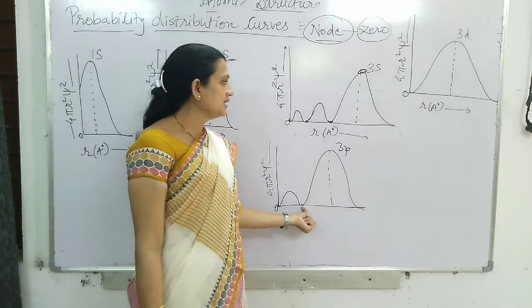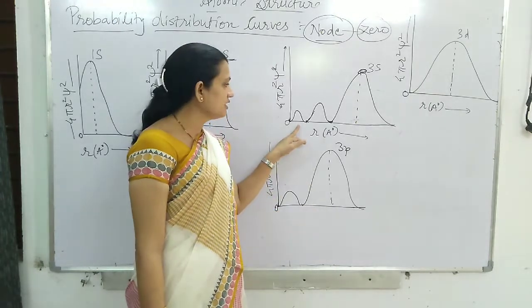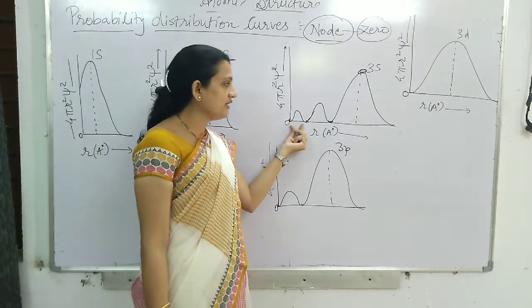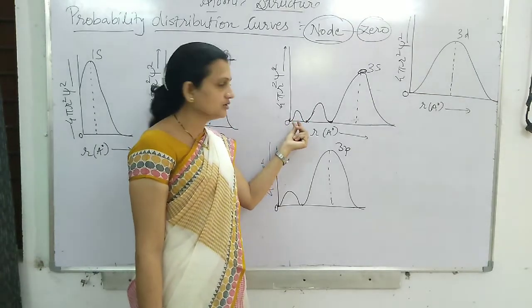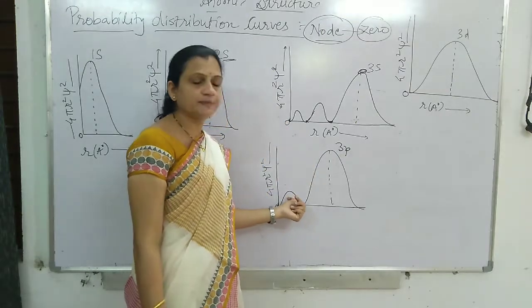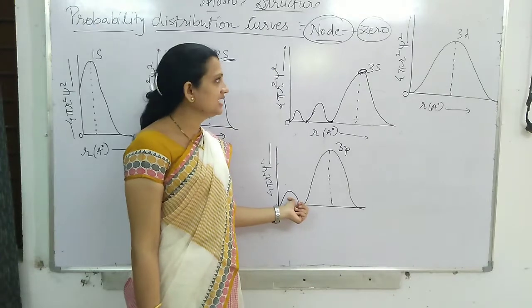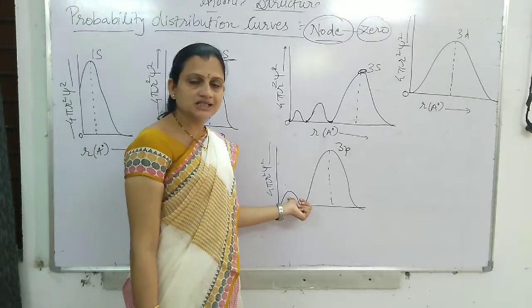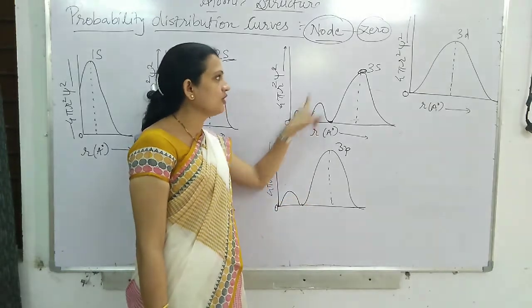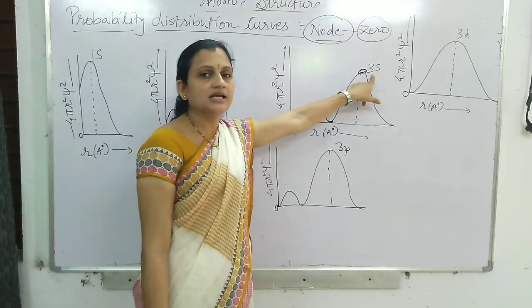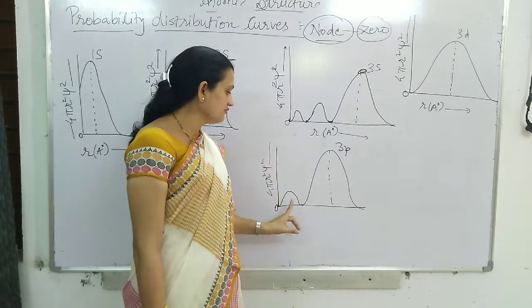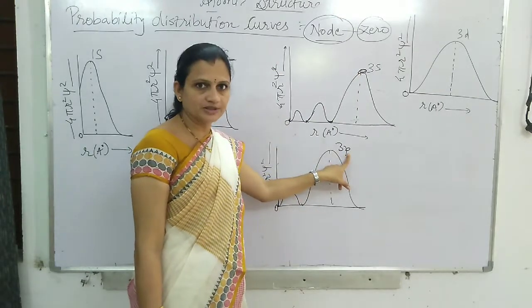One thing here is that the first curve of the 3s orbital is very close to the origin as compared to the first curve of the 3p orbital. Sometimes a 1 mark question arises: why is the first curve of the 3s orbital very close to the origin as compared to the first curve of the 3p orbital?